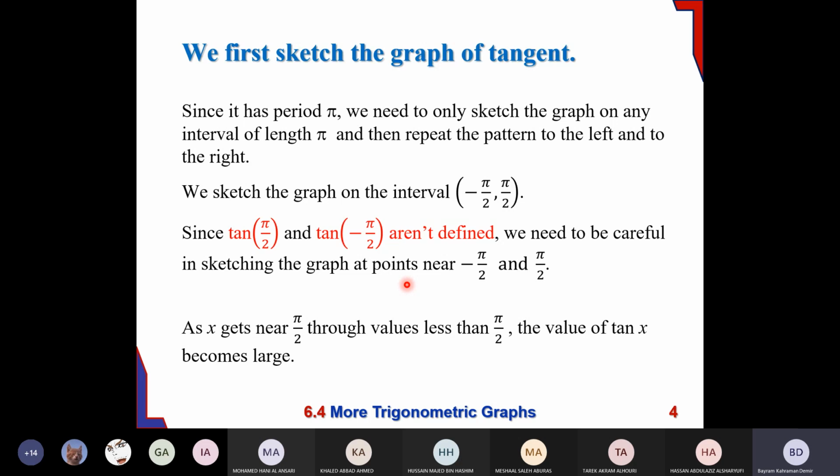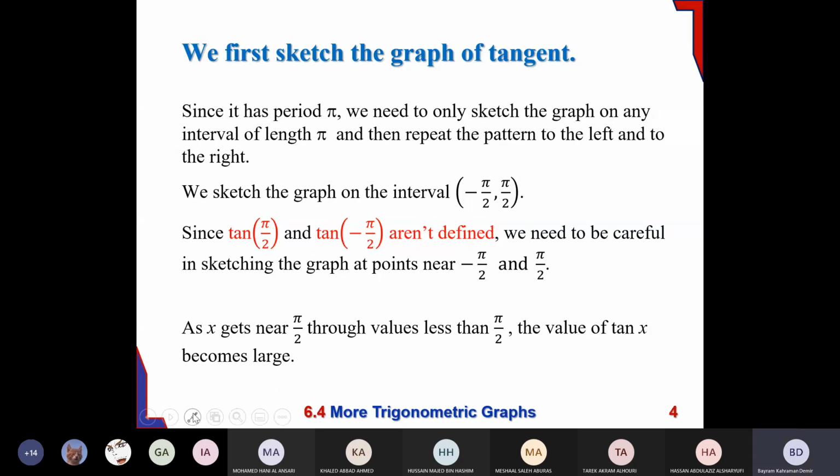So for the graph of tangent close to these points, we need to be extra careful, because it will take larger and larger values as we get close to pi over 2, and near negative pi over 2 it will be the opposite, a large negative number.